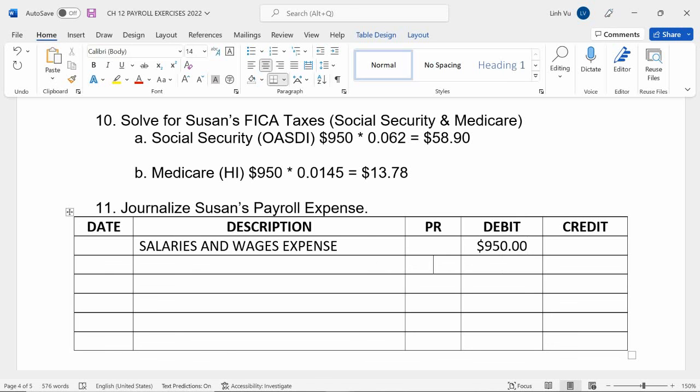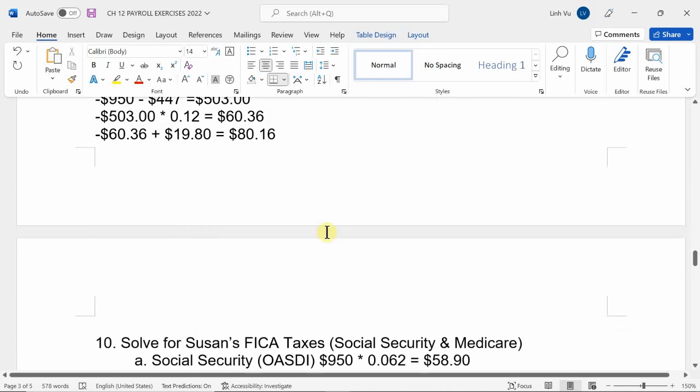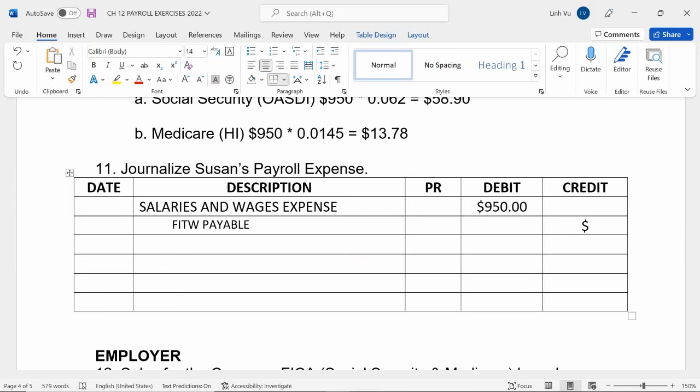Good. Tax, what's the first tax? FITW payable, federal income tax withholdings payable, for $80.16.